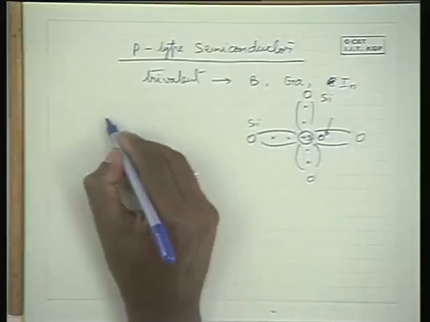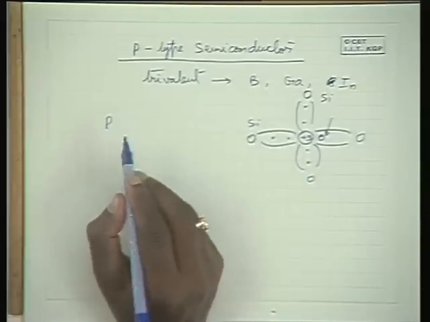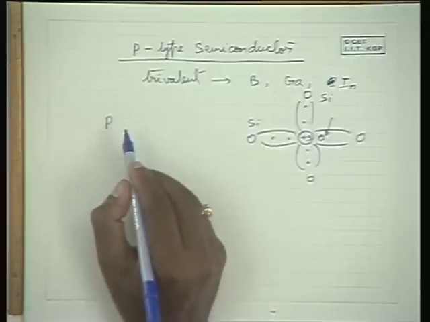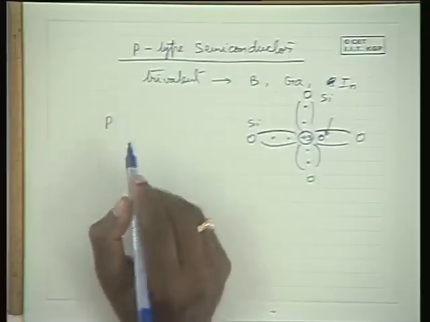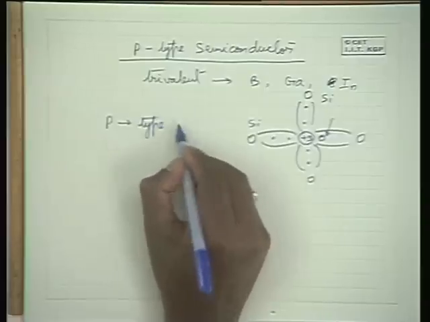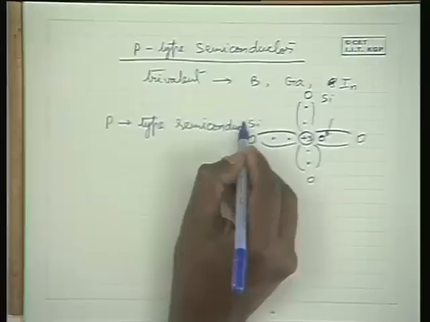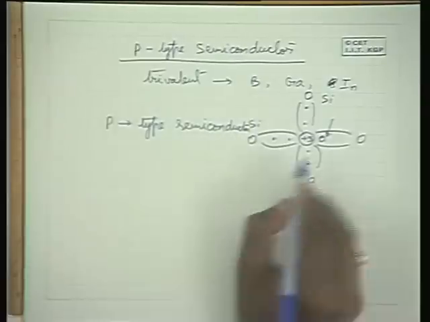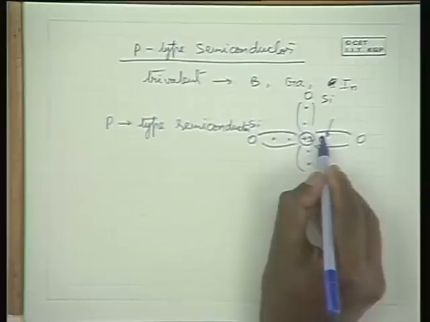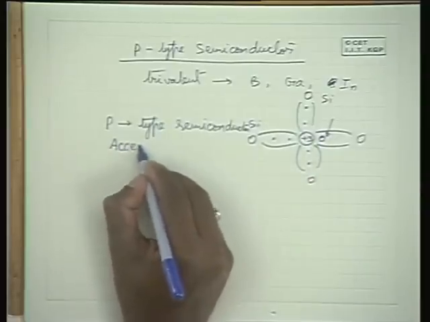Hence, the material which is doped with trivalent material is known as a p-type semiconductor. And since the holes accept electrons, this is an acceptor type material.